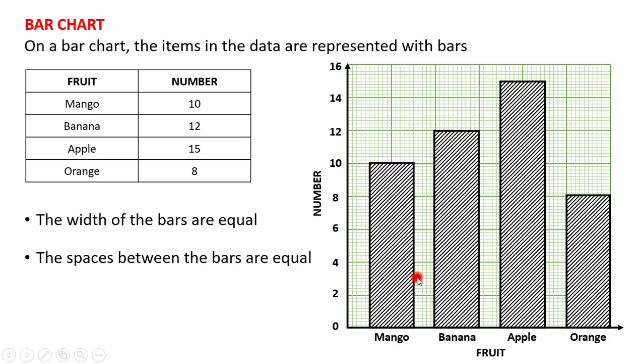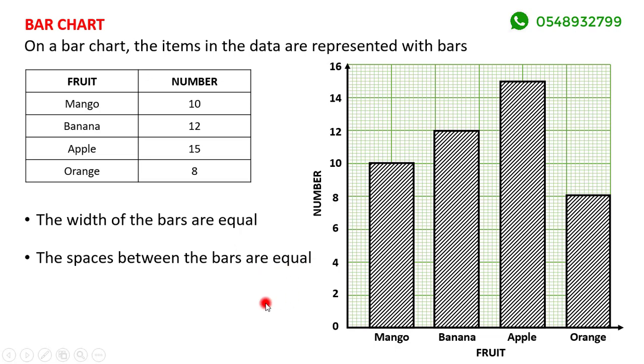The space between the bar for mango and that of banana occupies 5 boxes. The space between the bar for banana and apple occupies 5 boxes. And the space between the bar for apple and orange occupies 5 boxes. So you have to make sure of these two main things. The width of the bars should be the same, and the spaces between the bars should also be the same.